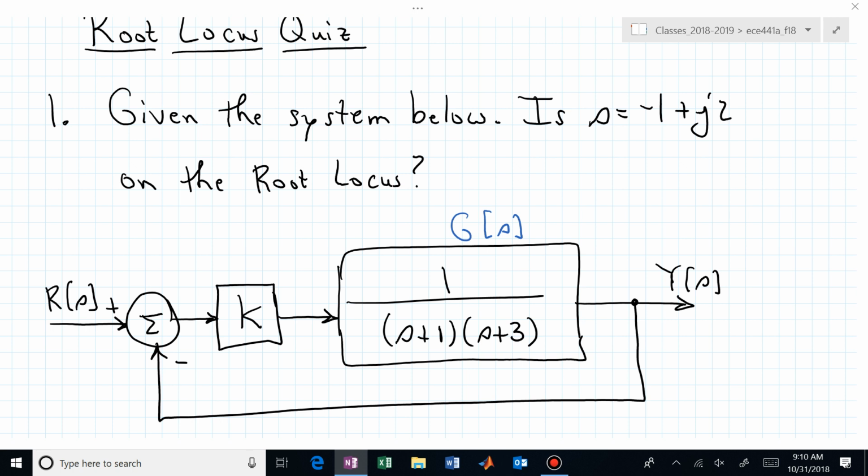Does it take a lot of effort to determine? Really, I'm asking you to sketch the root locus of G of S and see, is that root locus potentially going through the point S equal minus 1 plus j2?